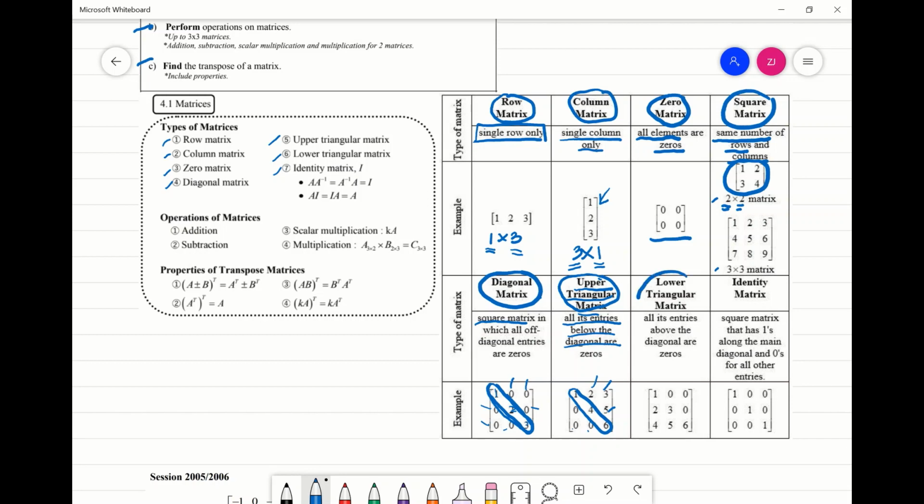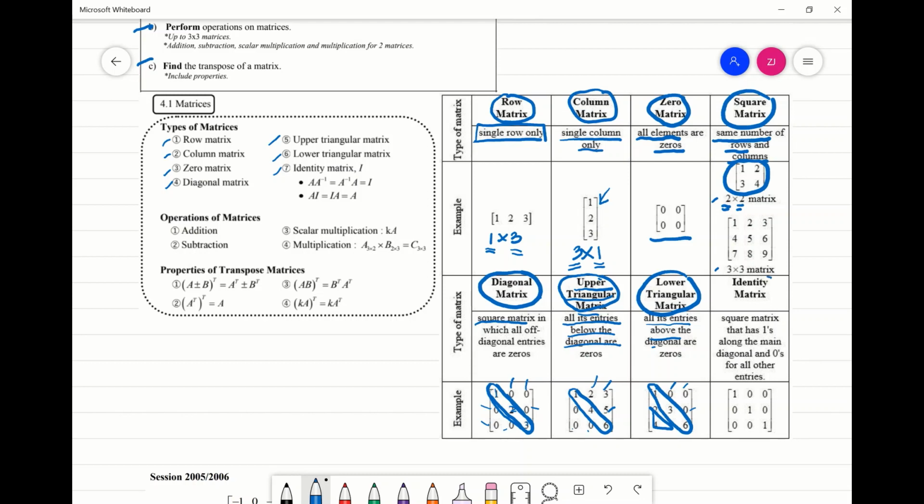Again, the opposite of it is the lower triangular matrix. Lower triangular means we have the elements in the lower triangular part, so all its entries above the diagonal are zeros. This is the diagonal, and above the diagonal we have all zero elements.